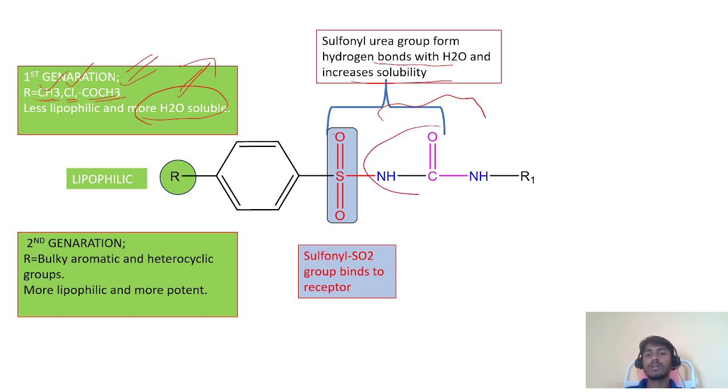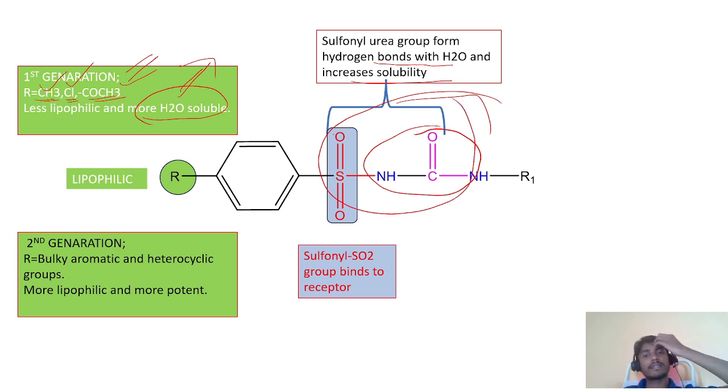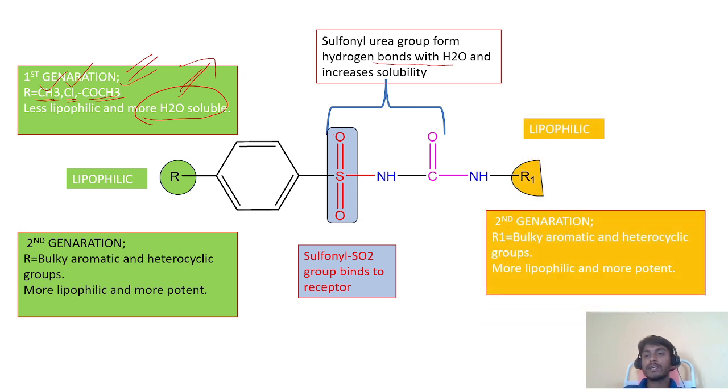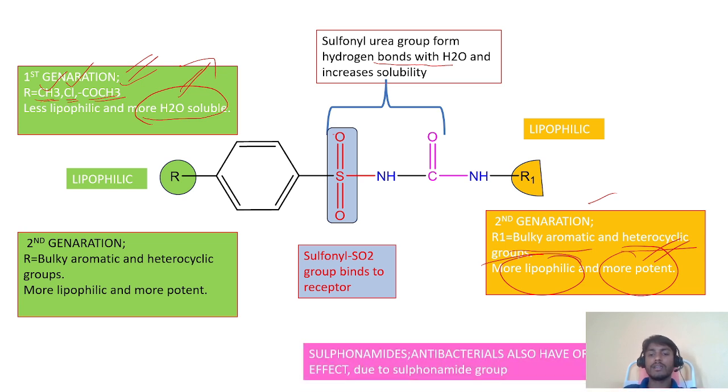This is the urea group, NHCONH. Next comes the R1 position, which is lipophilic. In second generation it is bulky aromatic or heteroaromatic, so more lipophilic and more potent. So this is the structure activity relationship of sulfonylureas.